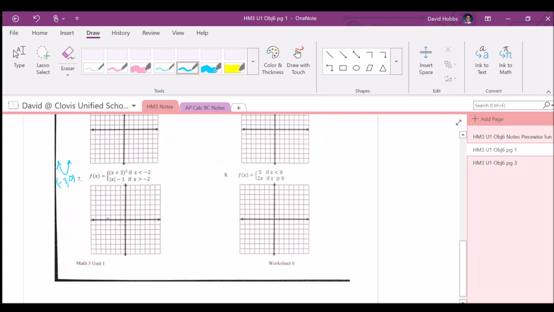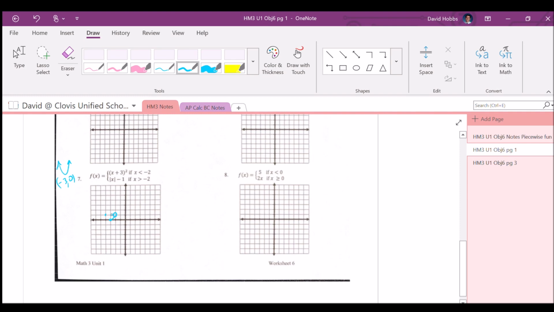So negative 3, 0. The boundary point is negative 2, and I can't touch it. If I go one point to the right, I'm on the boundary point. I can't touch it. So that is a hollow dot there, and then a solid dot right there.